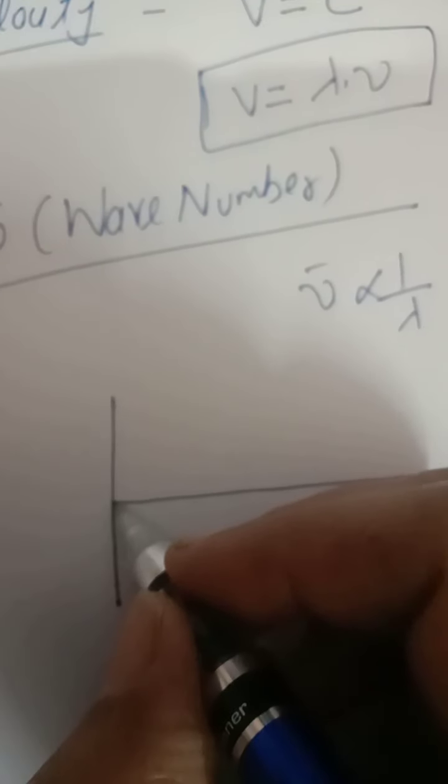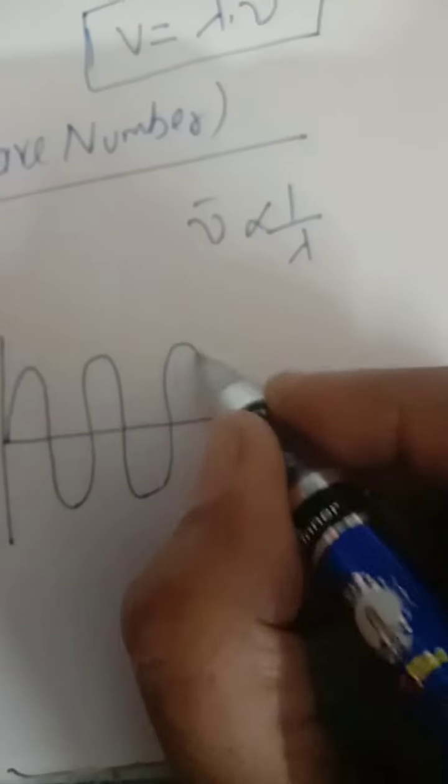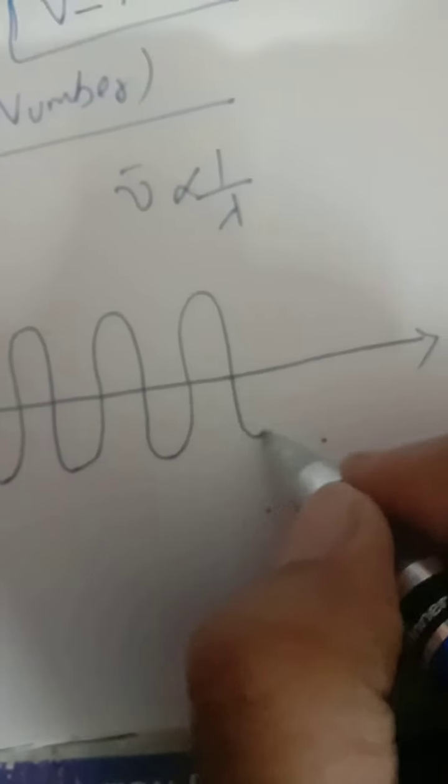For example, this is again the source of the wave, and this is energy traveling in this direction. Suppose the waves start from this side, one crest, trough, crest, trough, and it reaches here.